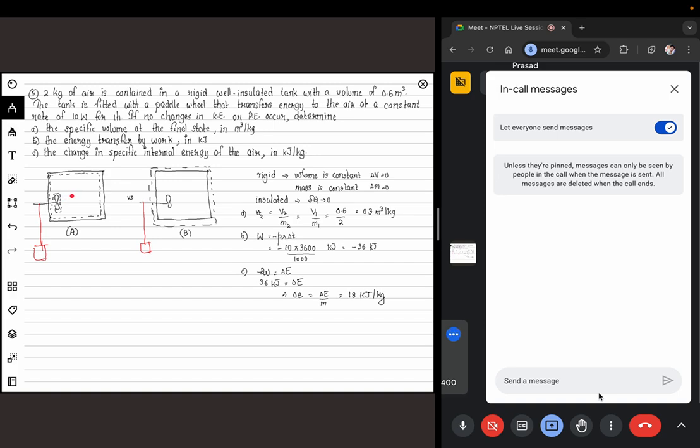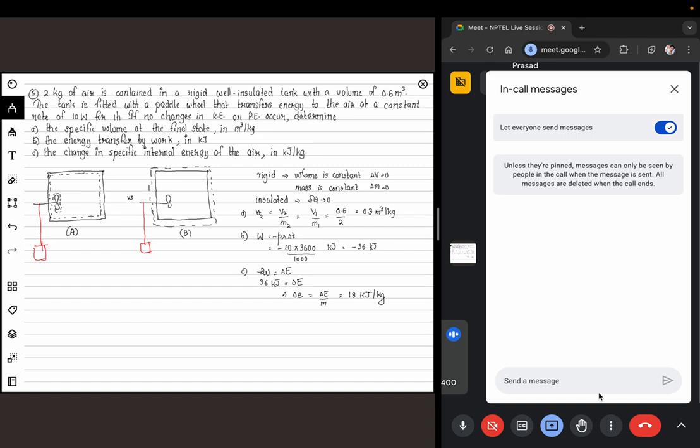The amount of heat transfer happening should be equal to the amount of work transfer, provided your temperature is not changing at this interaction. So if the question asks you to find this for case A, the only thing that will be different is that delta Q won't be 0 anymore. It will be equal to W, that is the power being dissipated, which is 36 kJ. But your delta E will remain the same, because delta E is a point function.